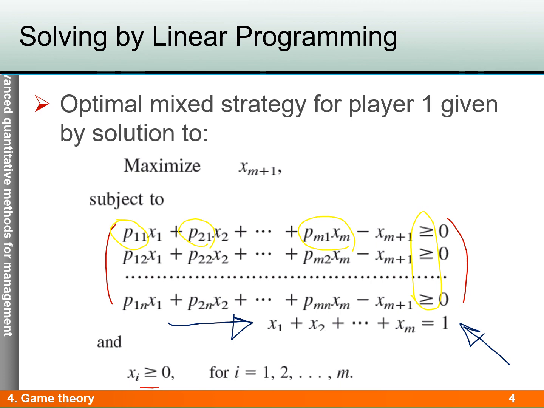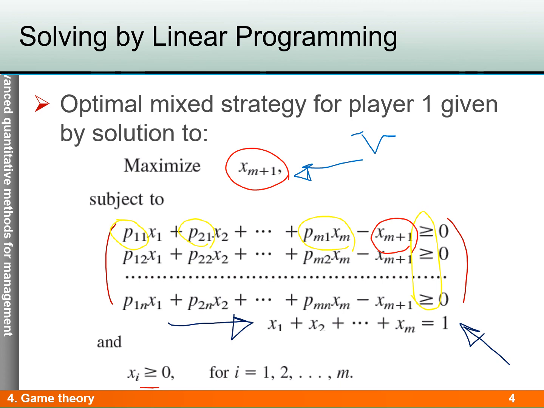That is P1M, sorry, the strategy M of player 1 and strategy 1 of player 2. So guys, what is this x(m+1)? Here, instead of writing our value of the game as v, I use x(m+1).